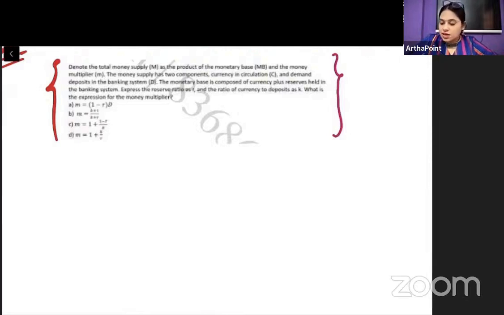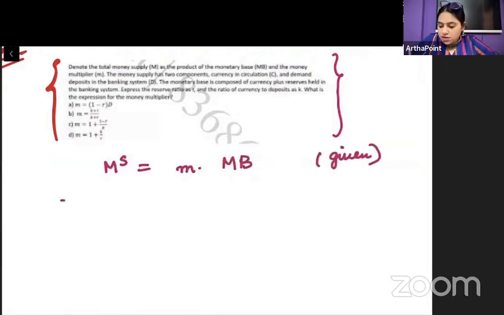So it says the supply of money is the product of money multiplier and monetary base. This is already given to you. So from here, I can say that money multiplier will be supply of money divided by monetary base.